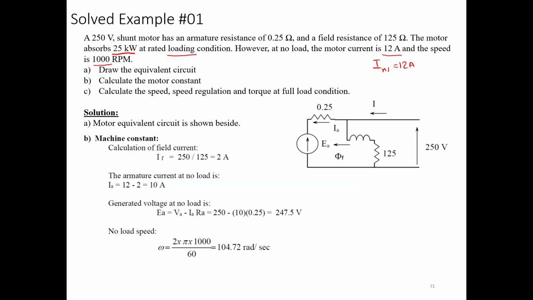So 1000 RPM is the no load speed, N no load. So if we draw the torque speed curve, if this is the RPM in rotor and this is torque, this would be the value of N no load.